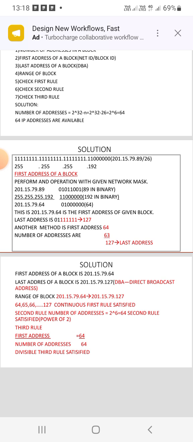How to find the last address? Here 201, and the remaining bits are all ones, giving 127. Another method: the first address is 64 and the number of addresses is 64, so 64 plus 63 is 127.